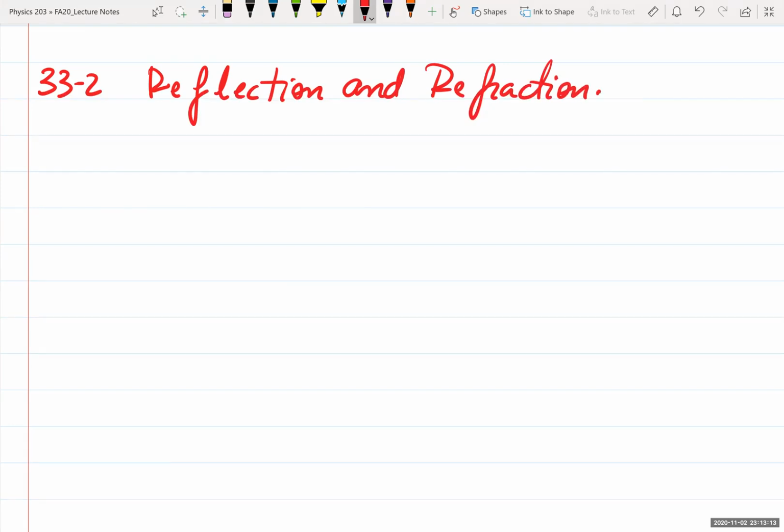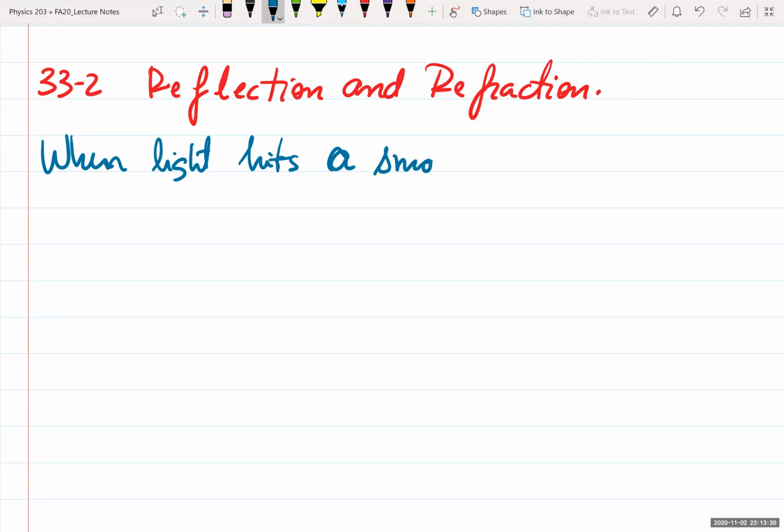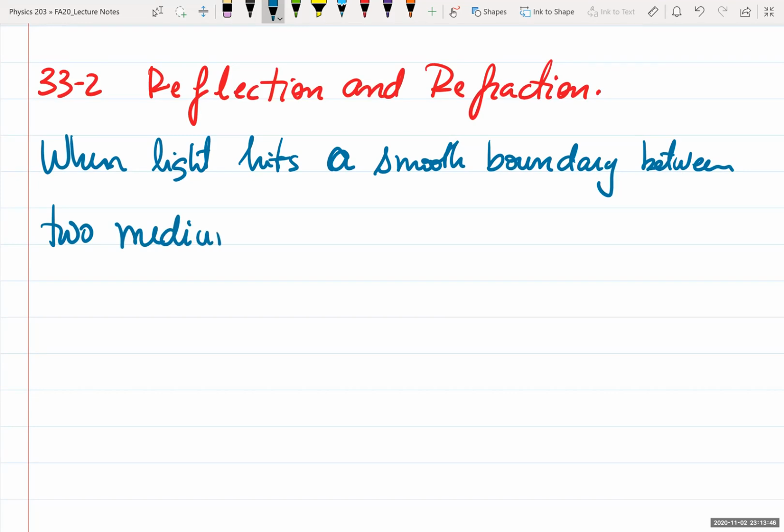Okay. When light hits a smooth boundary between two mediums, two events take place. Okay. So when light hits a smooth boundary between two surfaces or two mediums, two things take place.